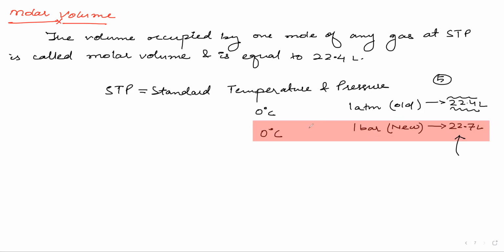So keep 22.7 in the back of your mind, but we will use 22.4 in all of our calculations. The important point to remember here is that it is for gas at STP. It is not for solids.